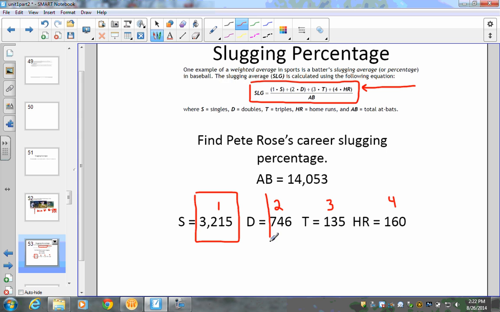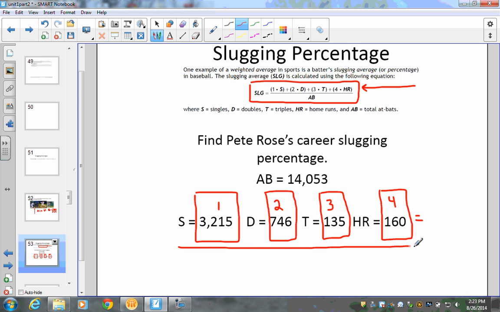Then we take the 2-pointer, multiply it by the number of doubles, the triples, multiply it by 3, and lastly the home runs, multiply it by 4. When we do that, we're going to get a big number. But if you notice in the formula here, we're going to take whatever value we got for all of this and divide it by 14,053.